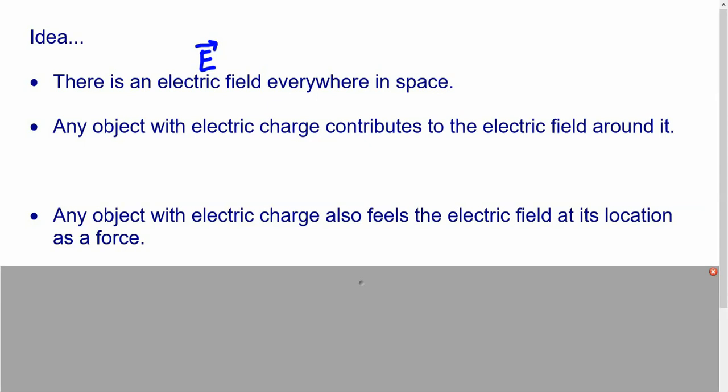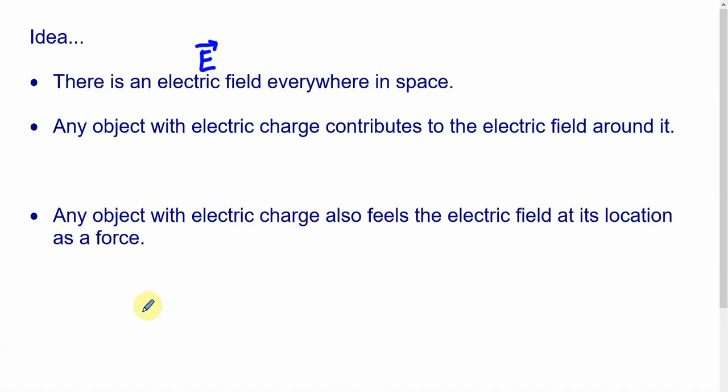Okay, so that's the idea. Everywhere in space, picture these arrows pointing in varying strength, magnitude. If you put an object with charge in there, it will feel that electric field and it'll get pushed.